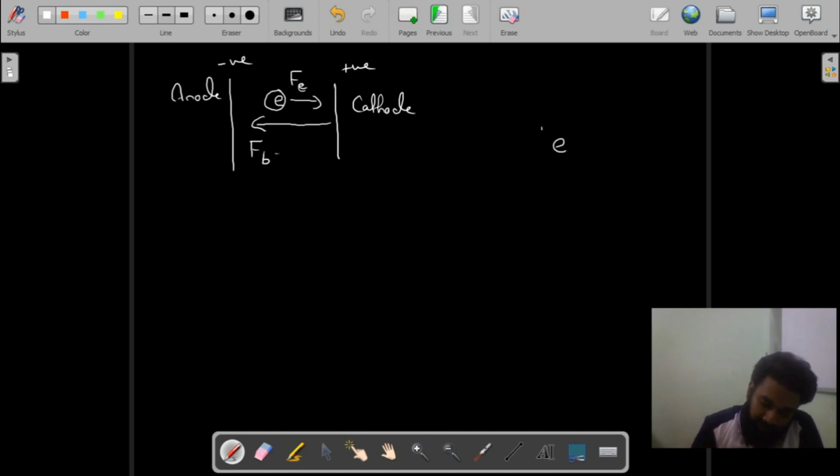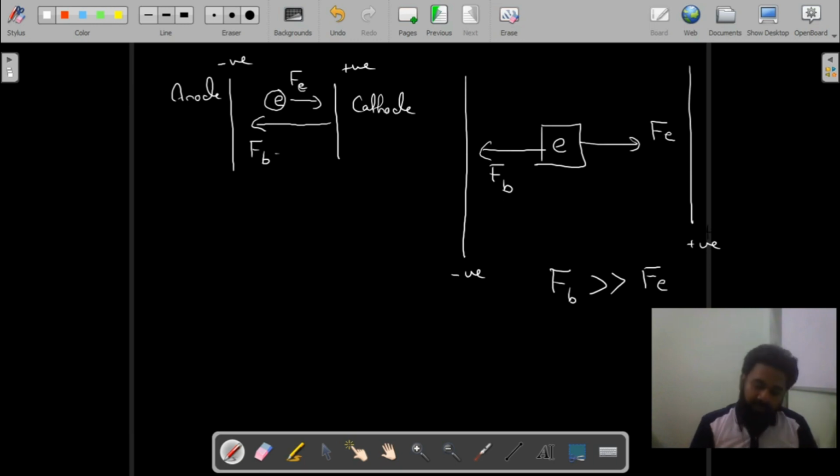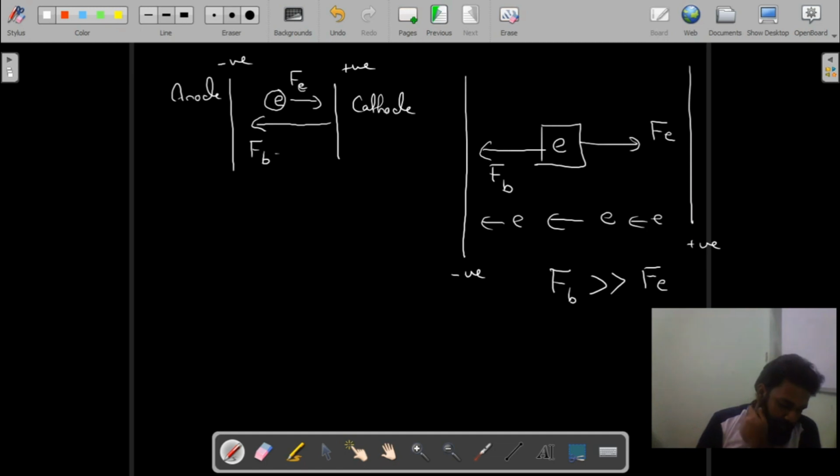If we consider an electron, the electrostatic force Fe acts towards the positive terminal, and the battery force Fb acts towards the negative terminal. Fb is very much greater than Fe, so electrons will flow towards the negatively charged terminal, that is the anode.